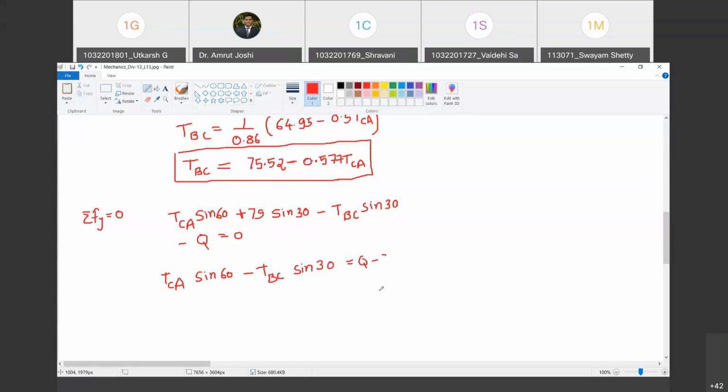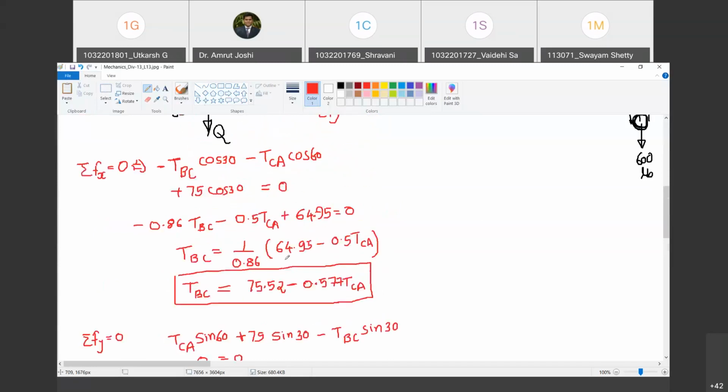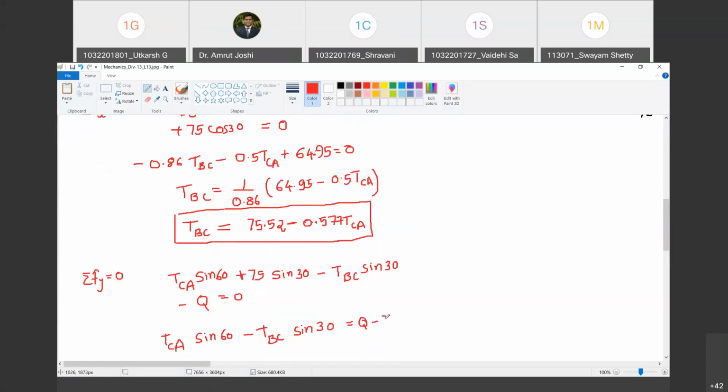So tell me how much is 75 sine 30? We calculated 75 cos 30 earlier, so wait a minute. It is 37.5.